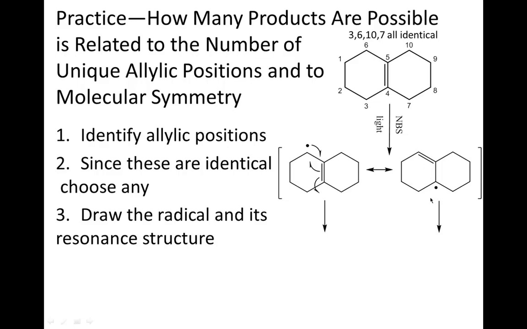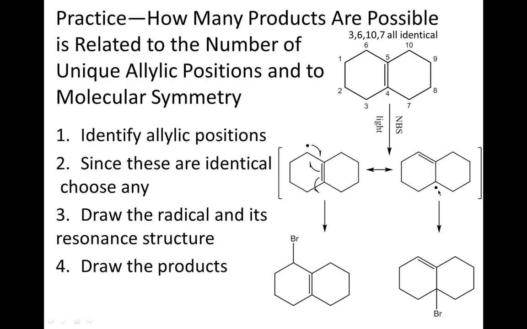Now all you have to do is take this 3-atom sequence and flip. So involve the double bond and the carbon with the radical on it and just flip. And so that's what the other resonance structure is. So now you can put the bromine here or you can put the bromine here. And so we need to draw those products. And now you see they're not the same.